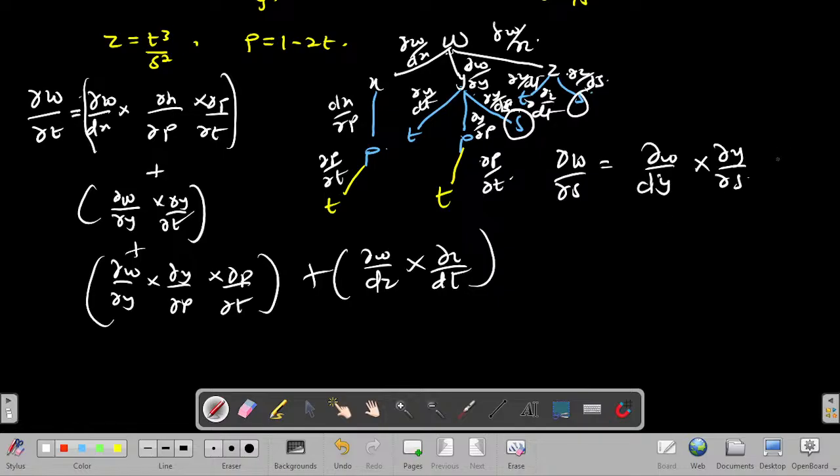Plus this one, there are two. Plus I can also come here. There's another s here, right? The partial of w over z times the partial of z over s. That gives my answer.